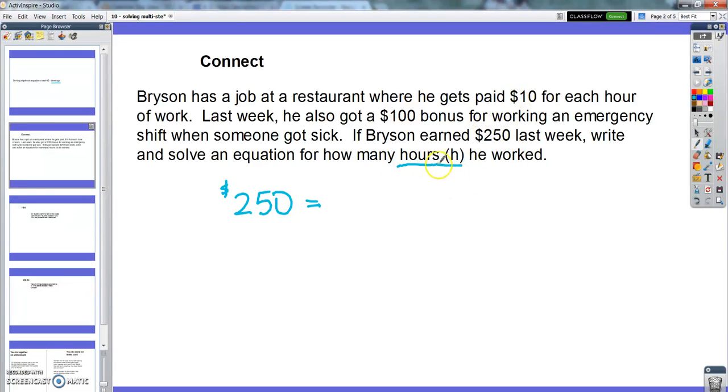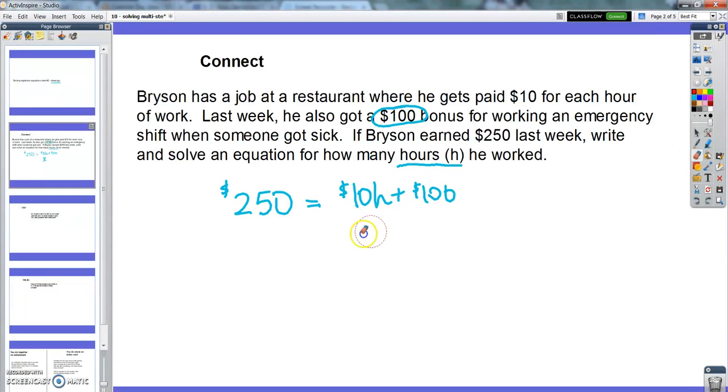So if I take however many hours he worked times 10, I would get $250, except he didn't just work hours last week. He also got that $100 bonus. So he got $10 for each hour. So like if he worked 5 hours, that'd be $50. If he worked 7 hours, that'd be $70, and so on. He also got $100 extra for helping out.